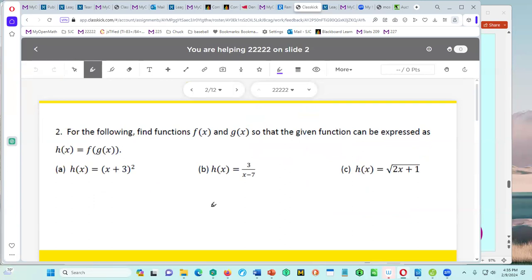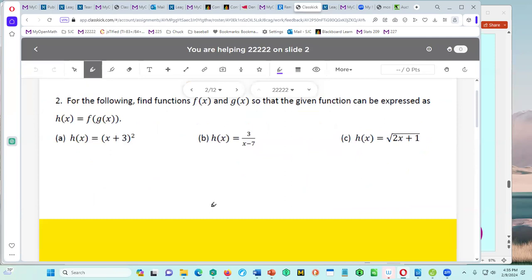Now I'm looking at slide 2 now, and I just gave a little sermonette on show work and show the intermediate step. But for these problems, you don't do that. It's good to do a check on these decomposition problems.